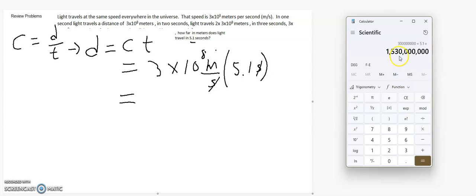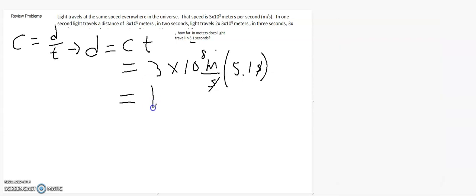But let's say we round it 2 places past the decimal. Okay, so that's the answer. On Blackboard you would write, I'm going to do it just like it was Blackboard, 1.53.